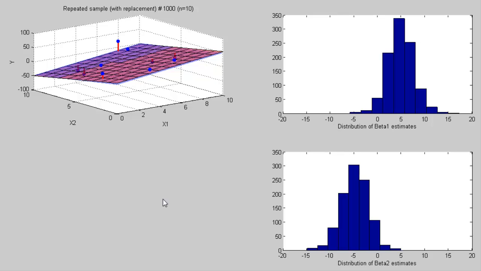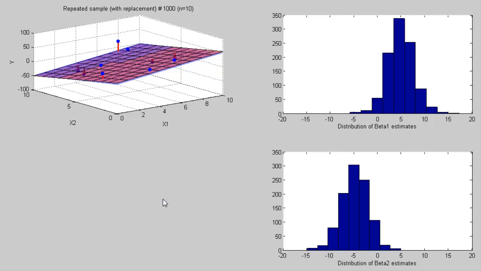So this is a view from which we can see the meaning of unbiased. These are both unbiased estimates of beta 1 and beta 2 because on average, we are getting the actual value of the underlying parameter that we're trying to estimate.